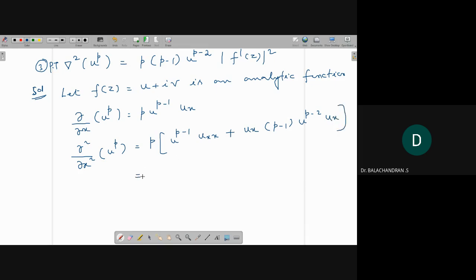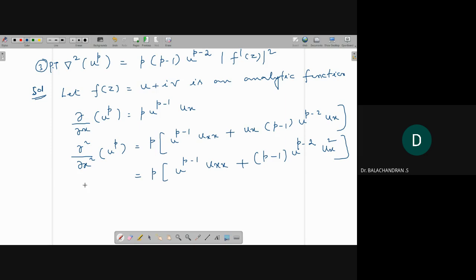So that is equal to p into u power p minus 1 into u xx plus p minus 1 into u power p minus 2 into u x into u x, that is u x square.